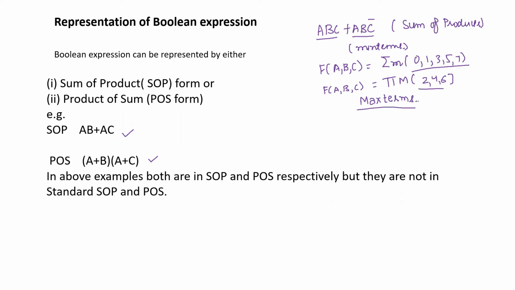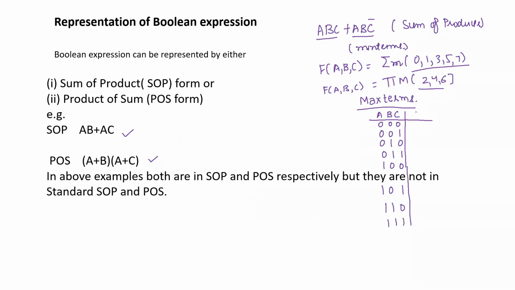So if you draw this in terms of a truth table, suppose this is your table: 0 0 0, 0 0 1, 0 1 0, 0 1 1, 1 0 0, 1 0 1, 1 1 0, 1 1 1.